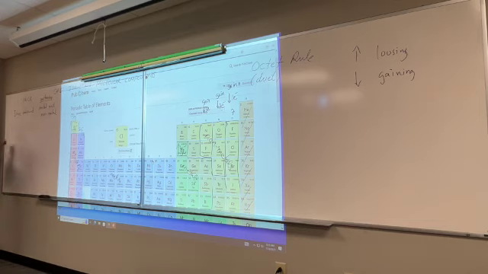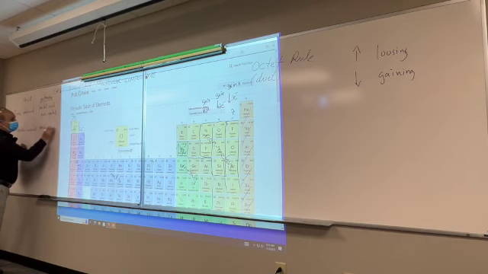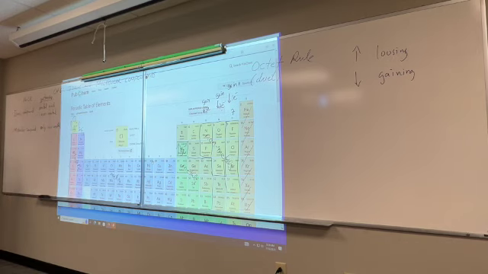Molecular compounds: only non-metals. In other words, there cannot be a metal in a molecular compound. It's two non-metals?